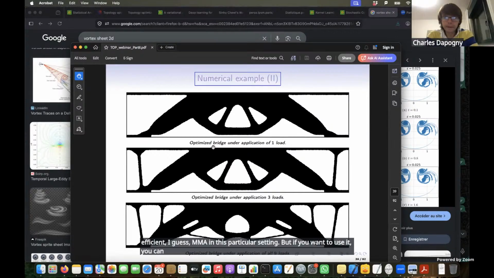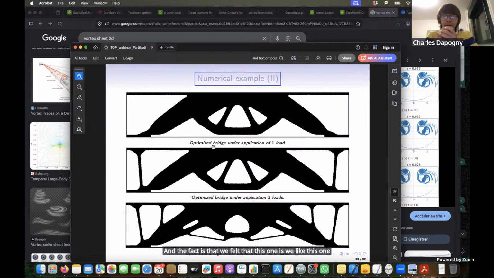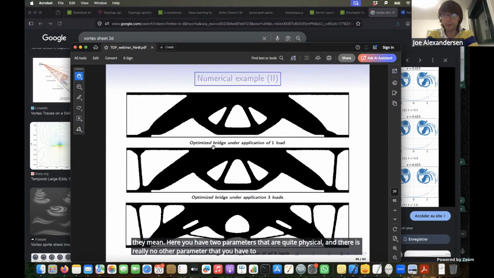You could also use, in exactly the same fashion, sequential linear programming, as was done by Alicia Kim and Peter Dunning. The fact is that we felt that this one is good. We like this one because it doesn't have parameters that you have to tune without any physical taste of what they mean. Here you have two parameters that are quite physical, and there is really no other parameter that you have to fine tune to use it.